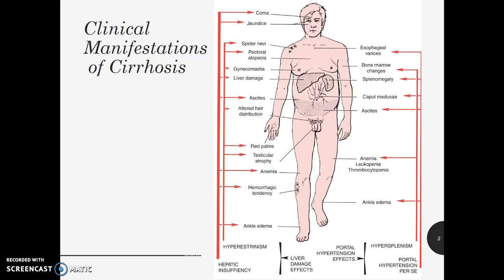They tend to have some skin itching, swollen ankles, red palms, and can become very anemic and develop leukopenia and thrombocytopenia as well because of hematological issues that are being caused from poor liver function.